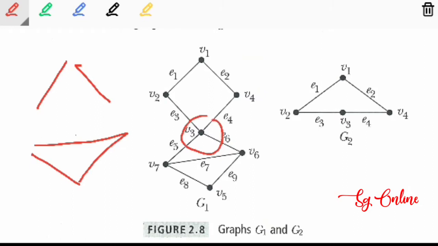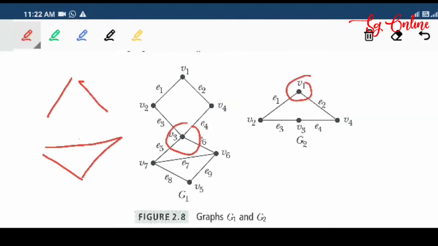That is, cutting or deleting the vertex, if that makes a connected graph disconnected, then we say that it is a cut vertex. In the graph G2, you see there is no cut vertex, because if you delete V1, the graph is still connected.